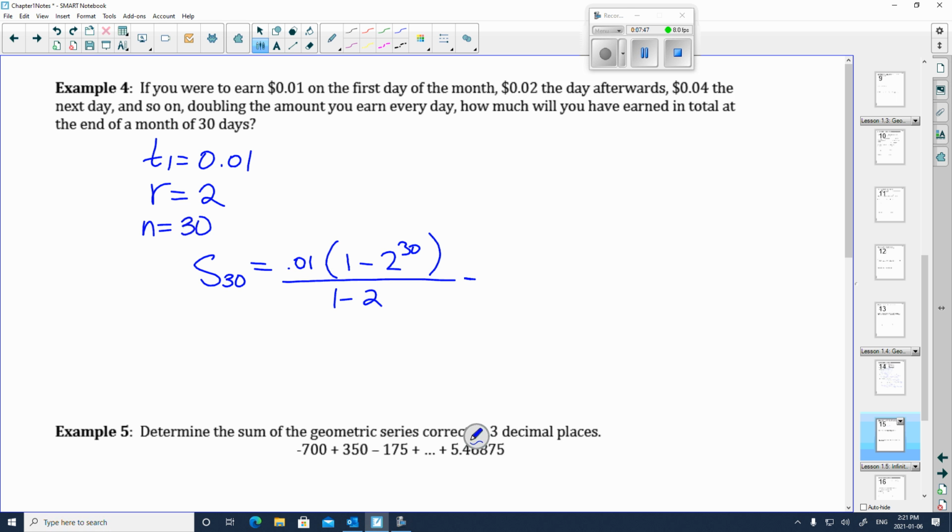Punch that in, and you will be amazed how much that number actually is: $10,737,418.23. Pretty crazy considering you started with 1 penny to begin with.